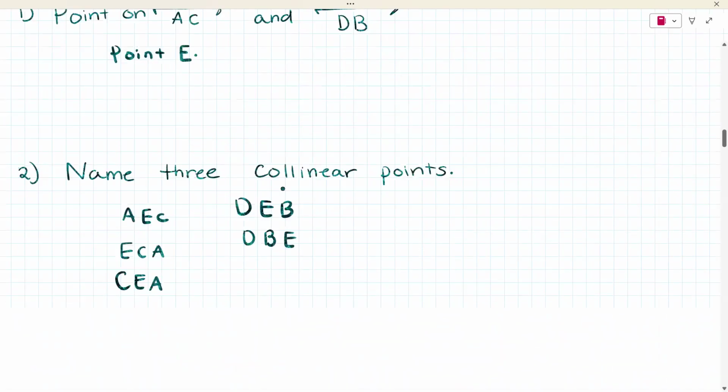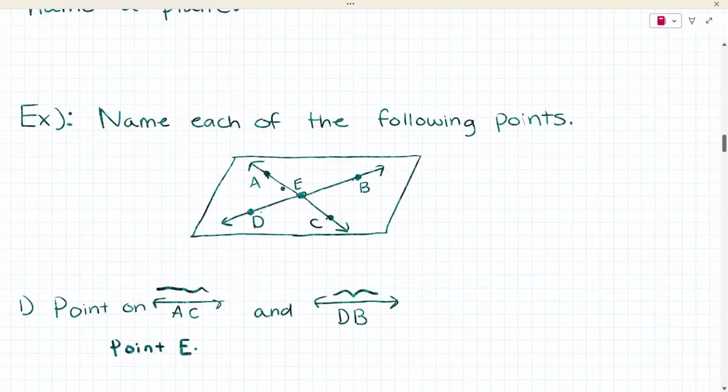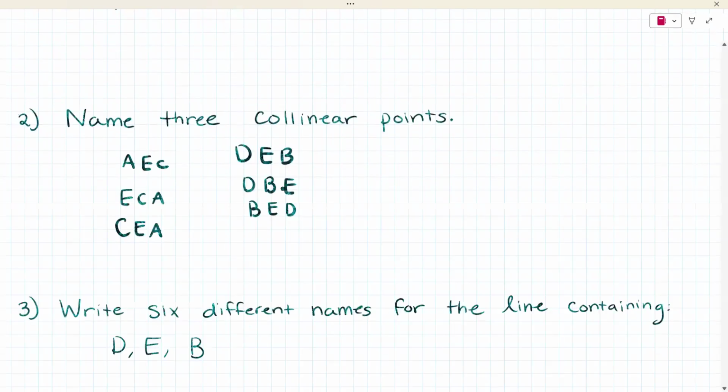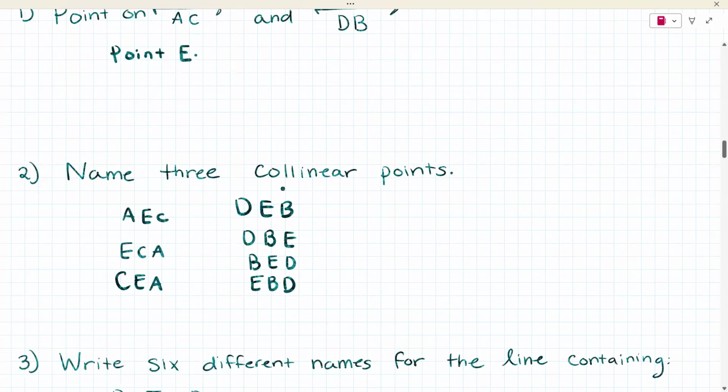BED, bingo. And there's one more we can say. What about points E, B, D? EBD, yes. Okay, so those are 3 points that make it collinear.